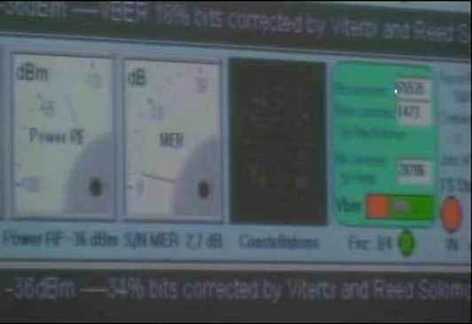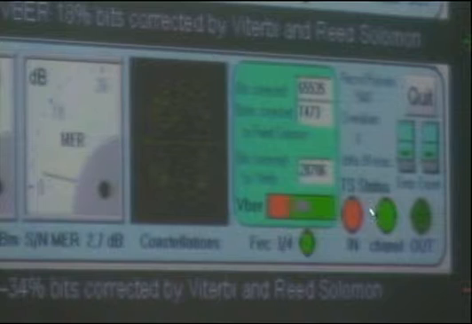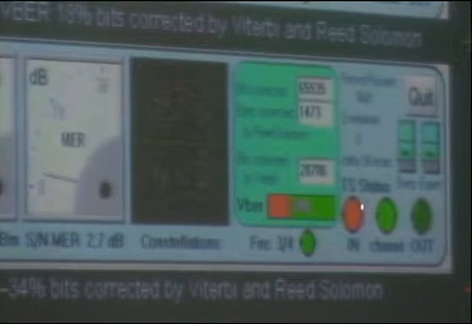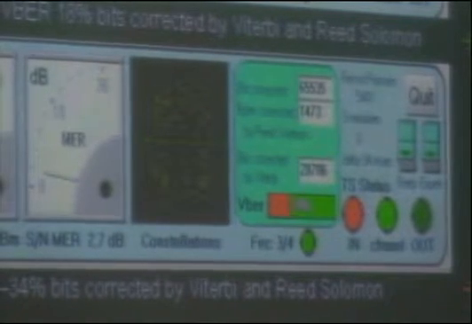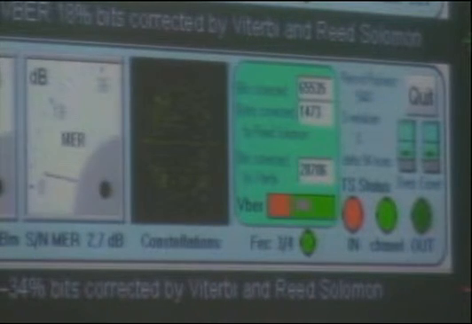It's the maximum value it can correct. So, TS status is bad, is red. And you can't receive the video, or if the LED flashes between green and red, you have some video, some freeze, some video, some freeze.